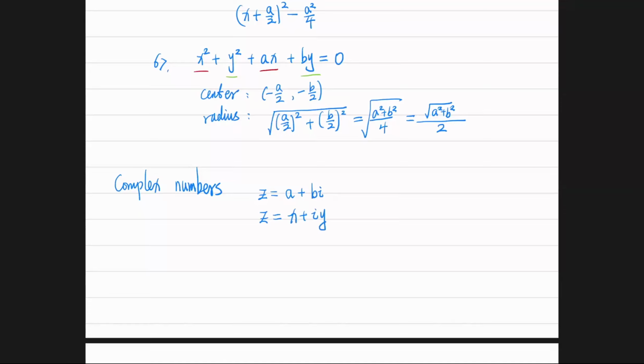Either a or x is called the real part of Z, and b or y is the imaginary part. So i is the square root of negative 1. Check. Here, a, b, x, y are all real numbers.